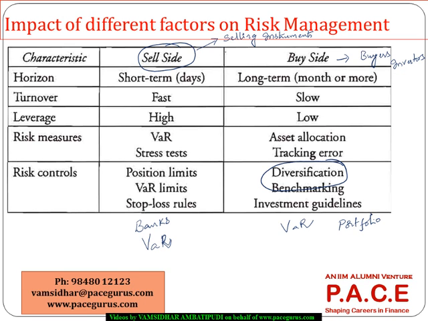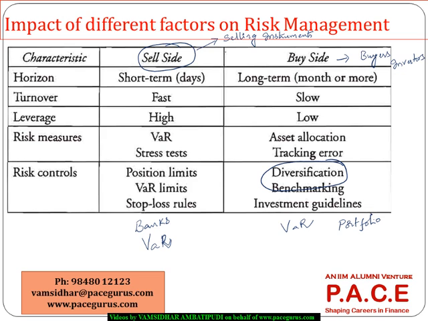These are some of the things which the buy side of the market generally gets into. So they have been using the portfolio as a mechanism to diversify rather than understanding the VAR and setting limits based on the VARs.